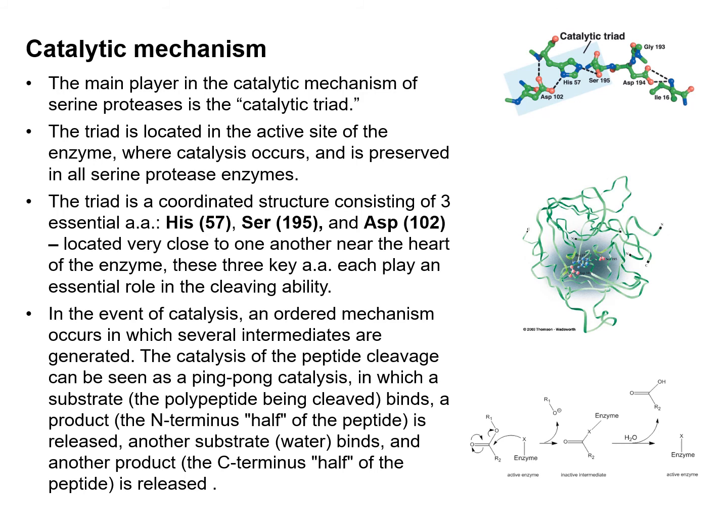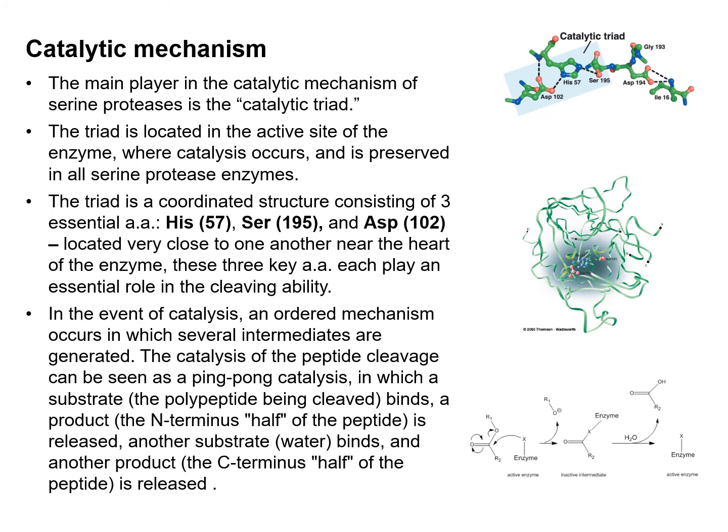The triad is a coordinated structure consisting of three essential amino acids, which are histidine 57, serine 195, as well as aspartic acid 102, which are located very close to one another near the heart of the enzyme, again in the active site. These three key amino acids each play an essential role in the cleaving ability of the substrates, which are polypeptides.